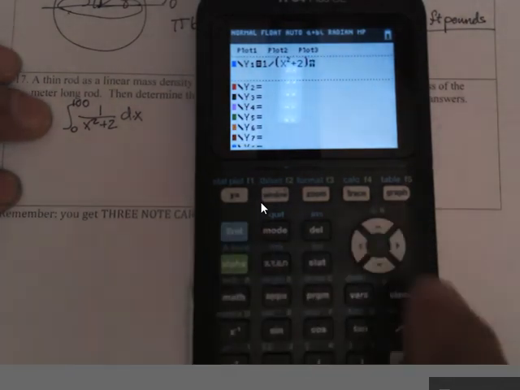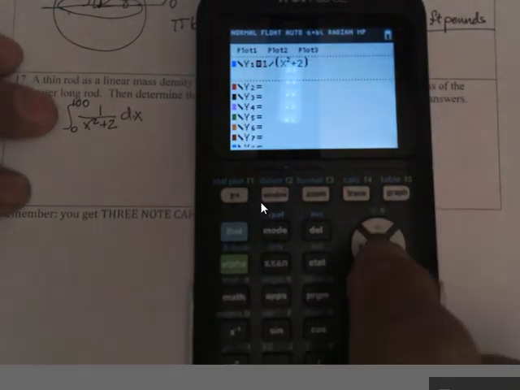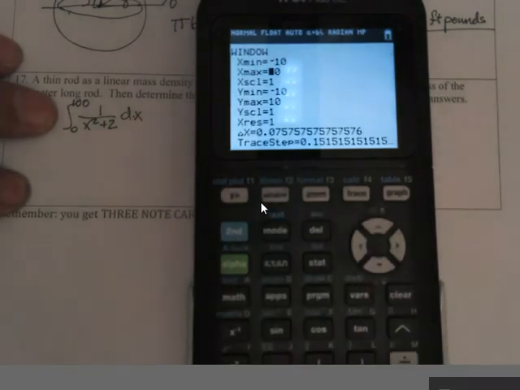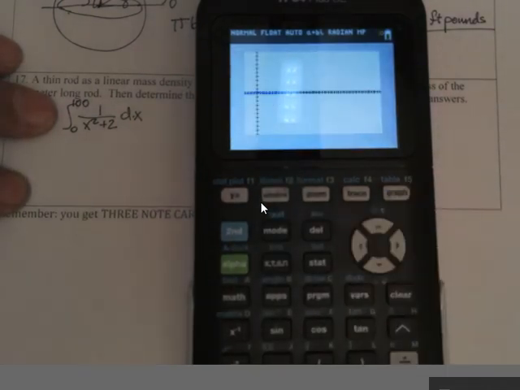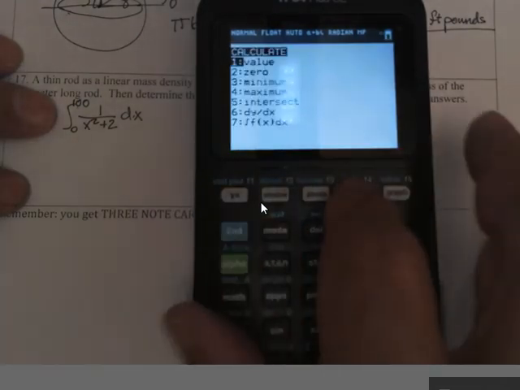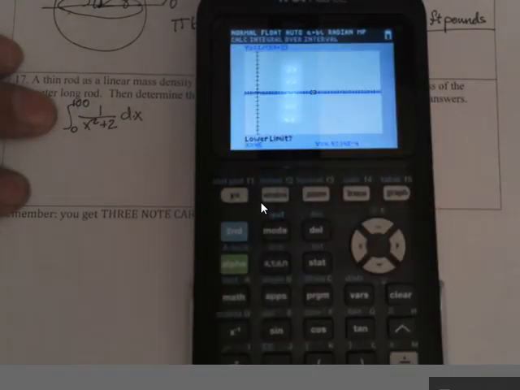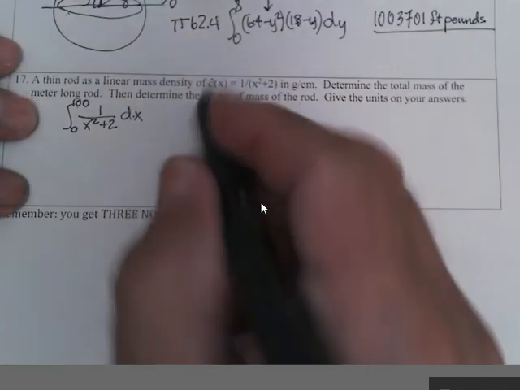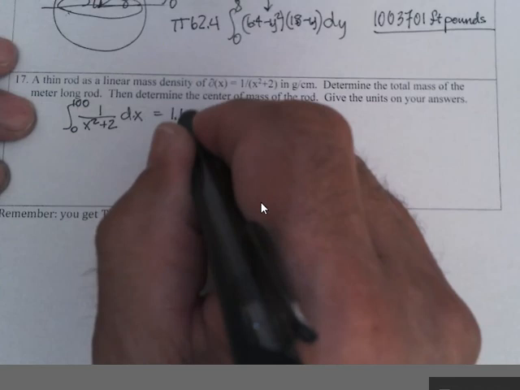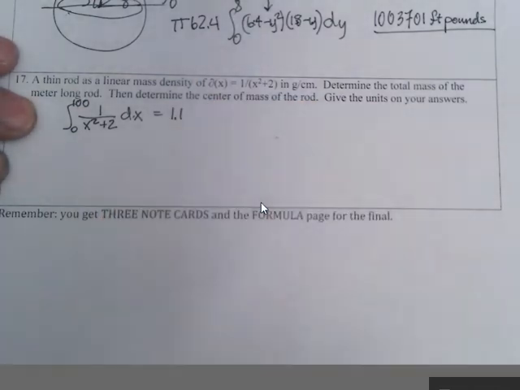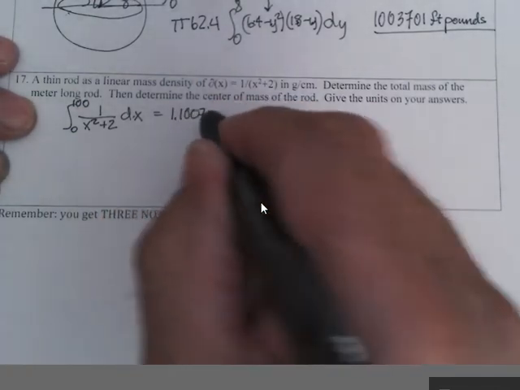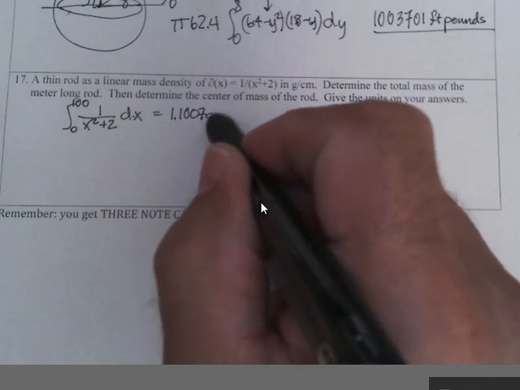Second, and I've got to go up to 100, so I have to do window up to 100, graph, and it's kind of small, I can't see it there. Second, calculate 7 from 0 to 100, and it comes up with 1.1007 grams.